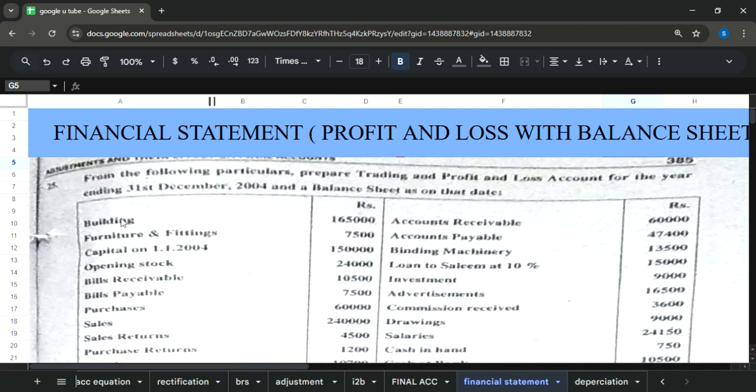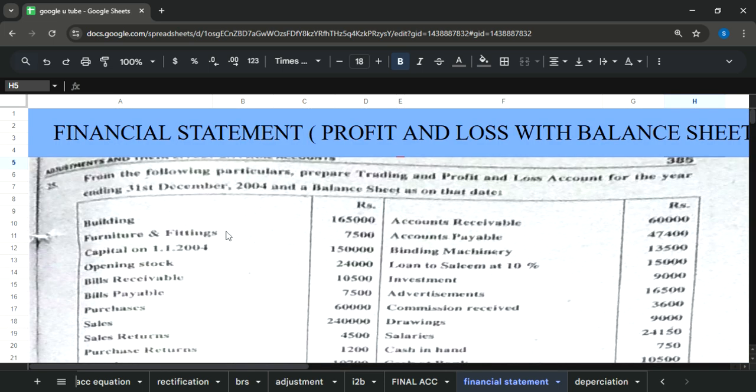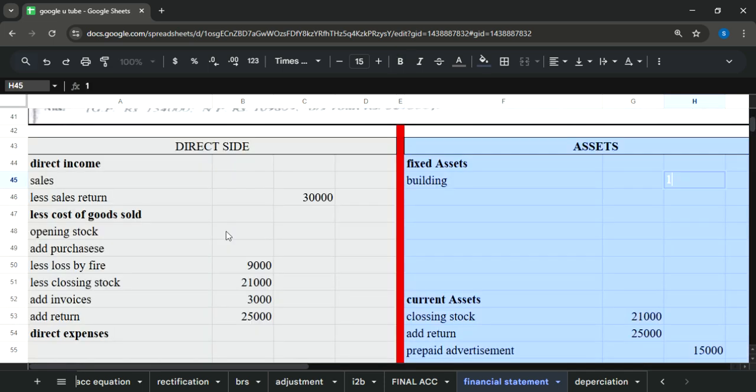First is building, which is your fixed asset. Here you will mention building in fixed asset side, and now we will be posting its amount, that is 165,000. Write down amount in front of it.